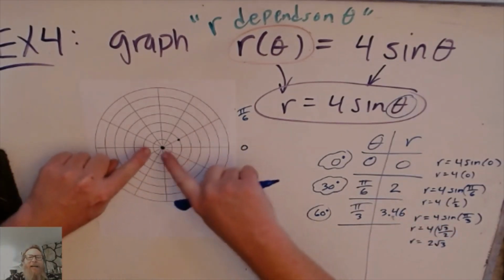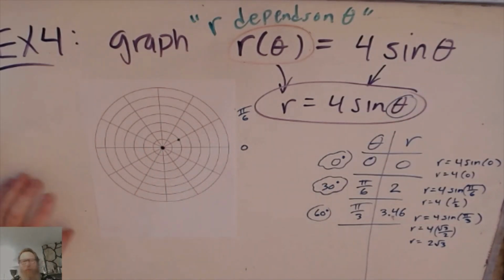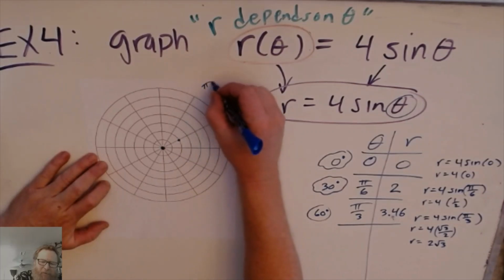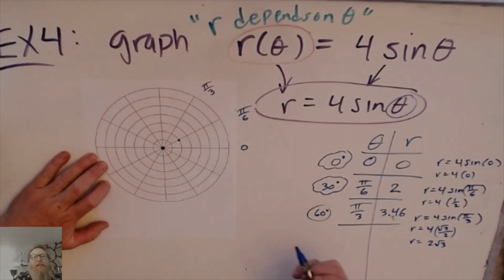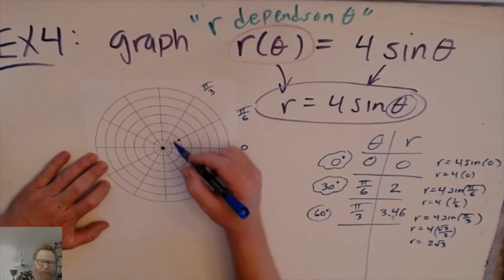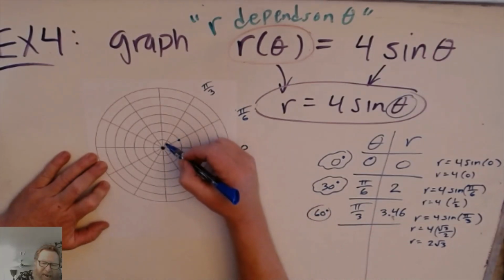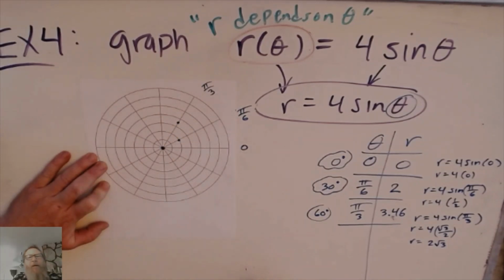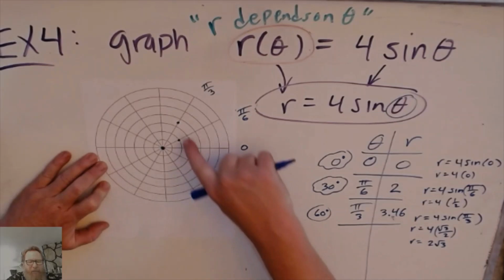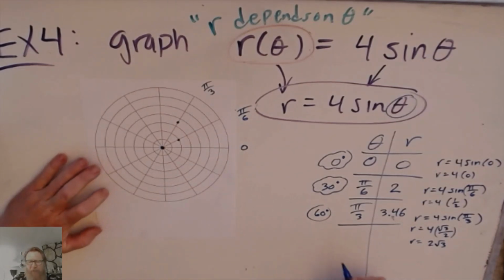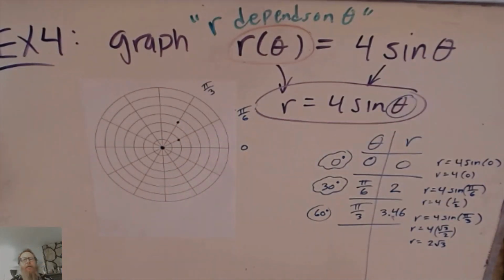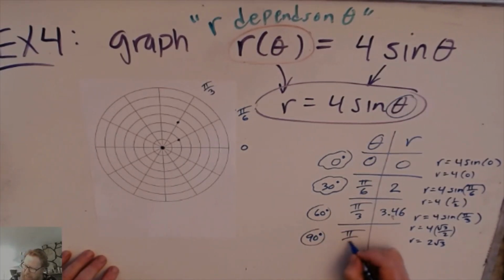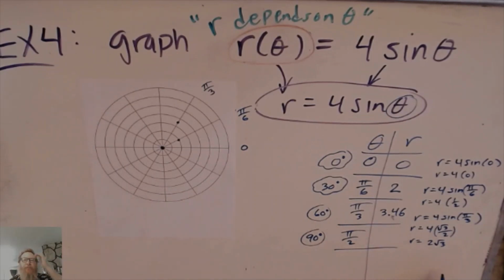I don't have a fine enough grid to do 3.46, so I'm going to do 3.5. So I'm going to go up here. I got pi over 3, that's 60 degrees, and I'm going to go out 3.5 units right about here, right in the middle of the third and the fourth concentric circle.